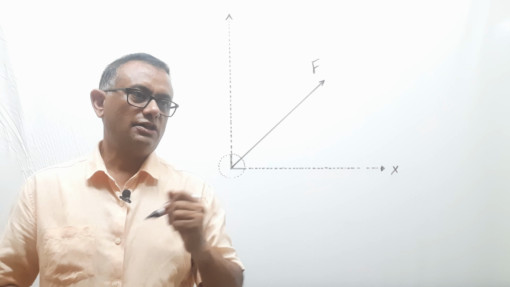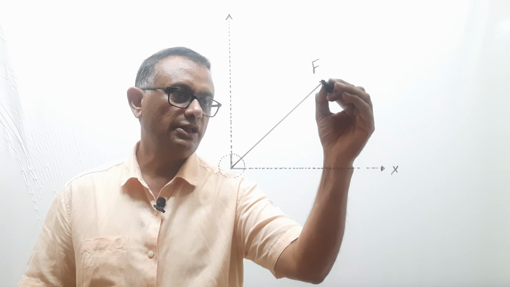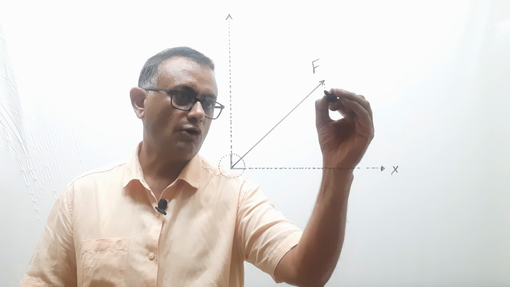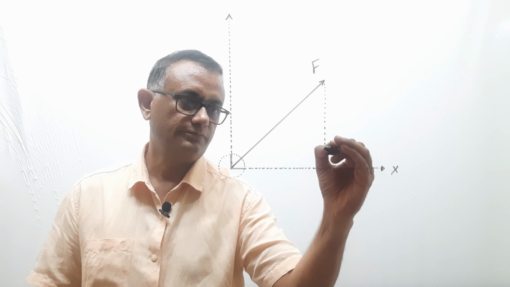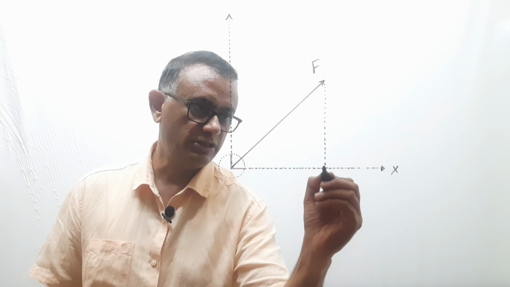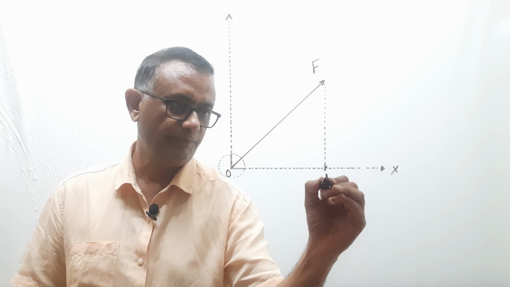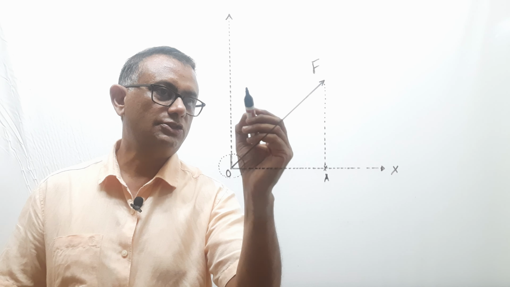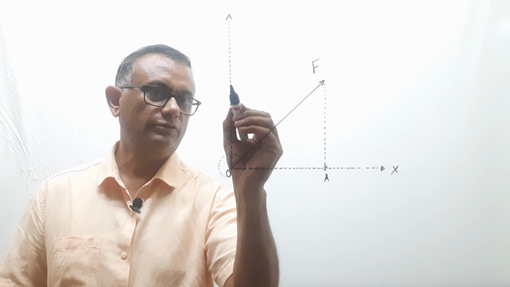To do this, we draw a perpendicular from the force onto the x-axis. Assume it is touching at this point. Let's call this O and A. And likewise, let's draw a perpendicular from the arrow to the y-axis.